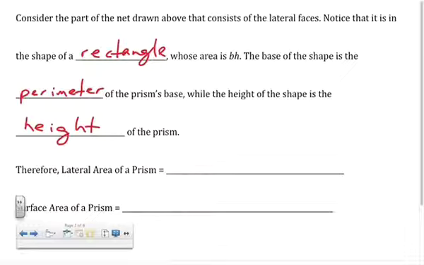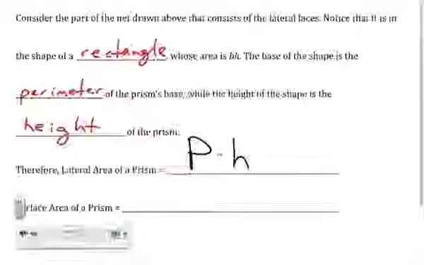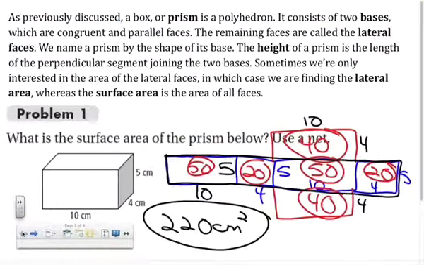Yeah. Okay. All right, so the lateral area of the prism is, as I was saying, the area of that black rectangle, which is the perimeter of the base times height. And then surface area, well, what haven't I yet included in my calculations?